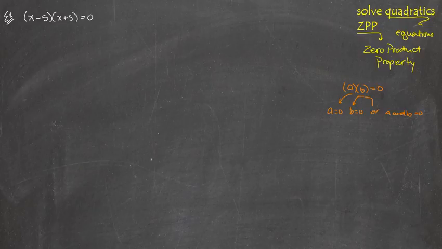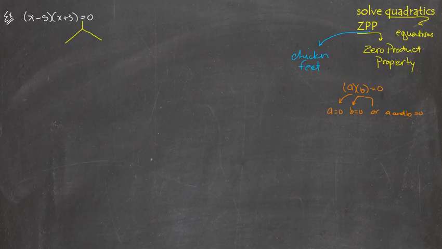Once you have the factored form of a polynomial, you can use the zero product property, which I also call chicken feet. Chicken feet is just a way to show that there's more than one answer. So when I say chicken feet, I'm talking about the zero product property.